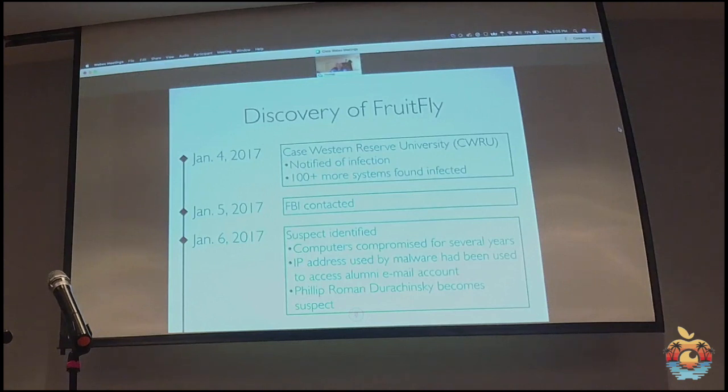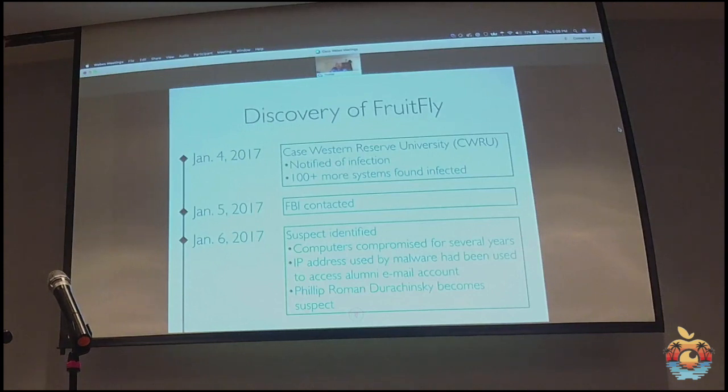We don't know exactly who that third party was. That information has not been made public. But this third party shared indicators of compromise that allowed Case Western to look through its systems and find the infection. And they found that they had more than 100 systems that were infected with this malware.